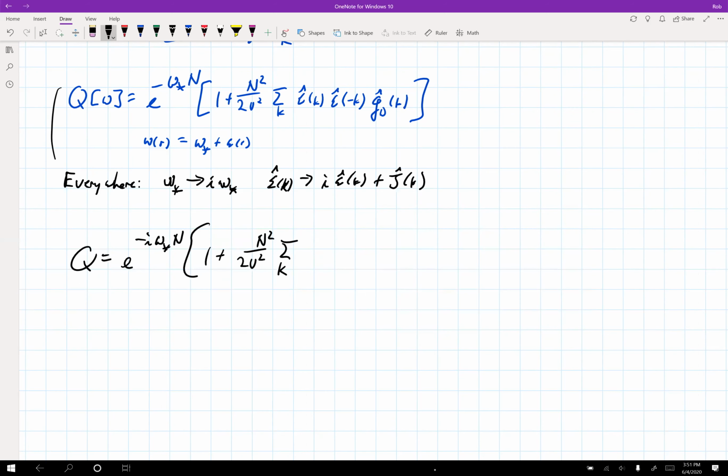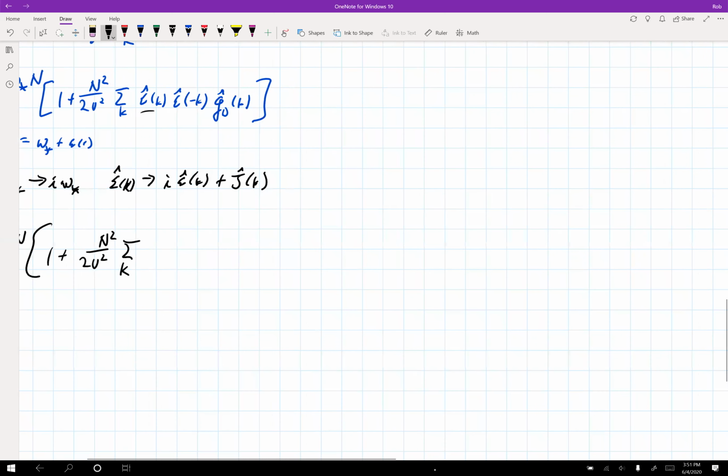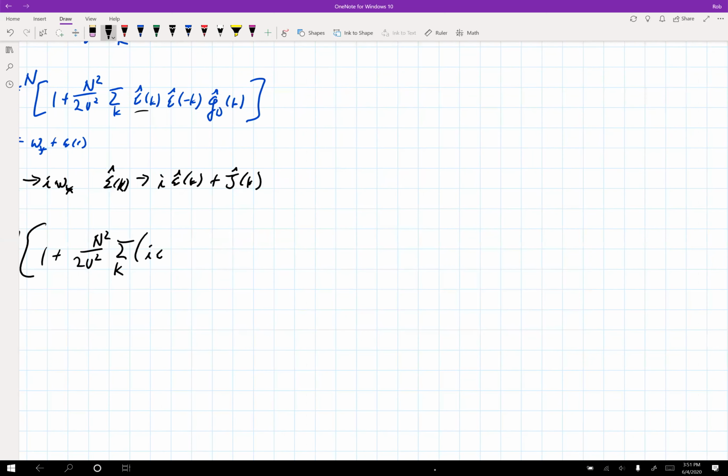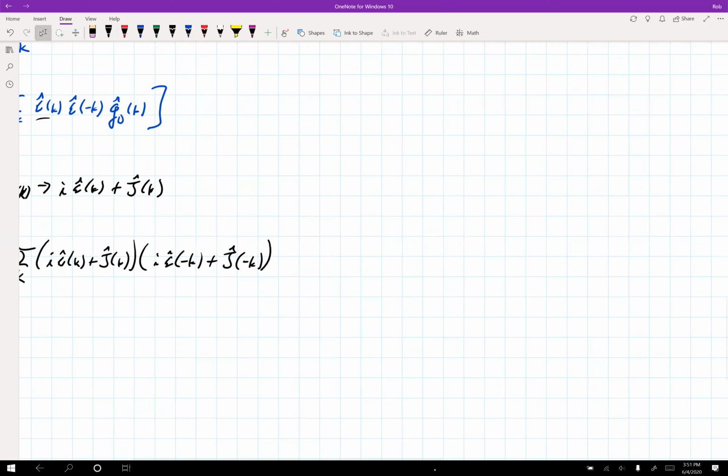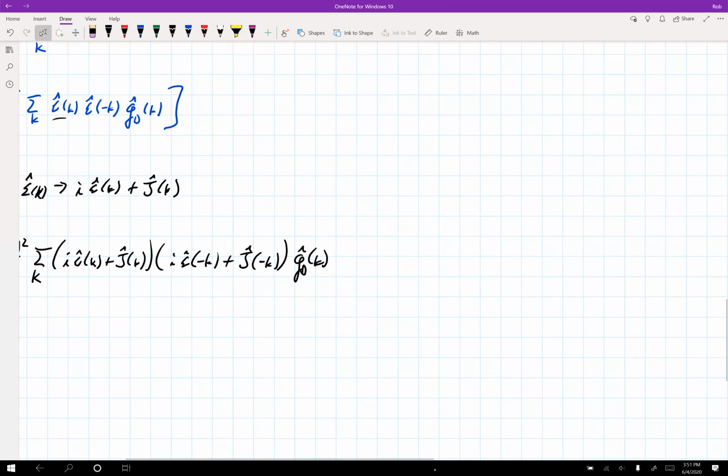And then where we have this epsilon hat of k, we're going to replace it with I epsilon hat of k plus J hat of k, times I epsilon hat of minus k plus J hat of minus k. And then we still have our Debye function, and we have to close our brace.